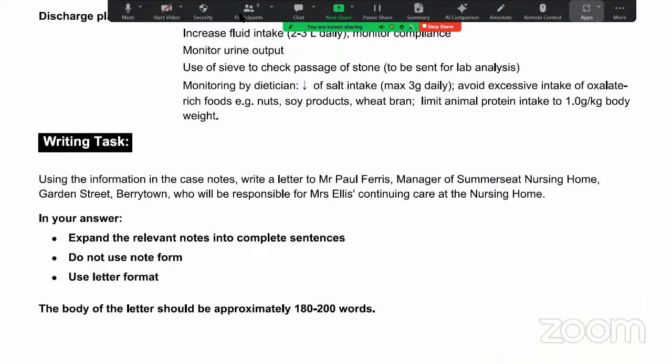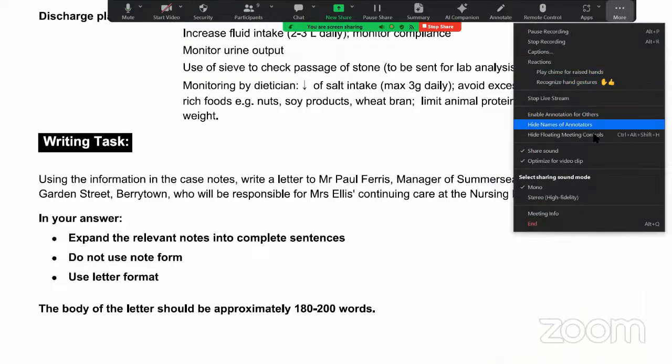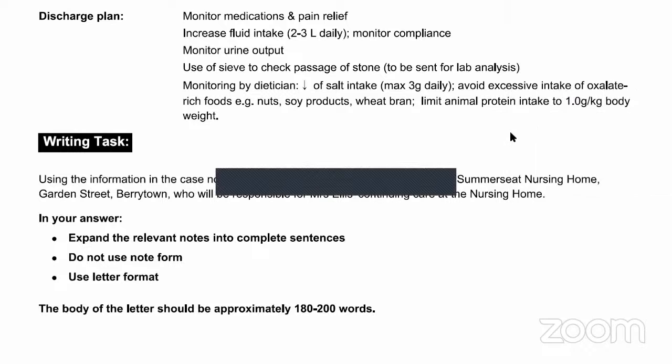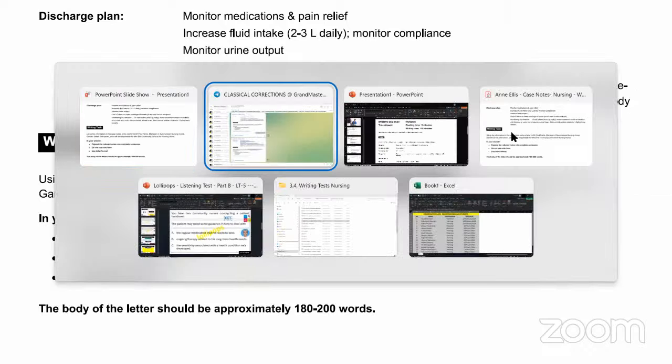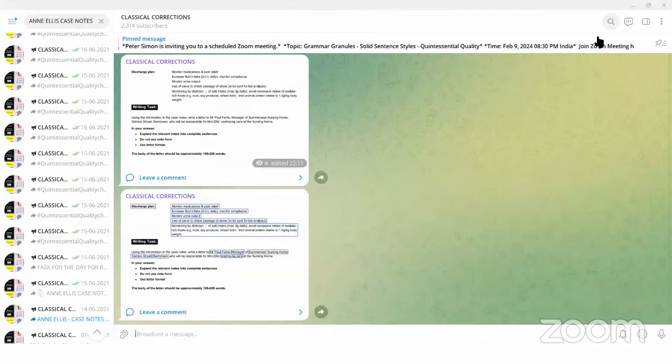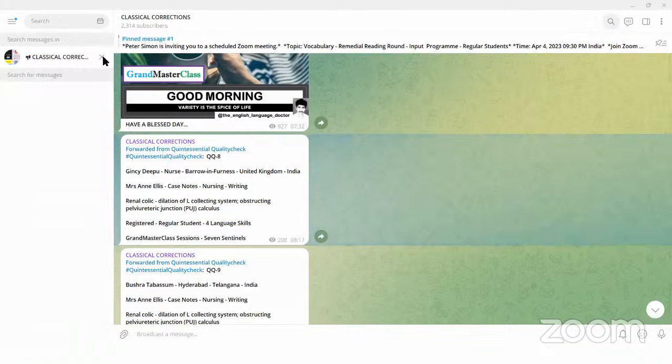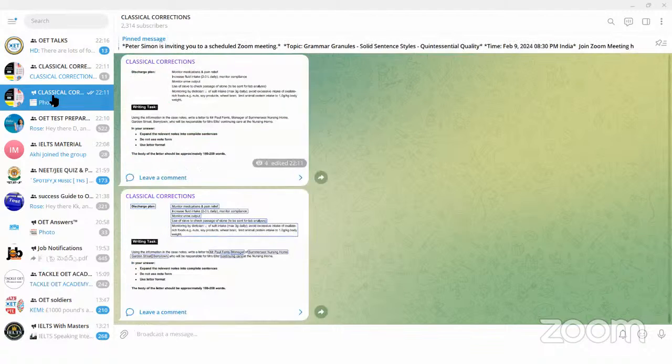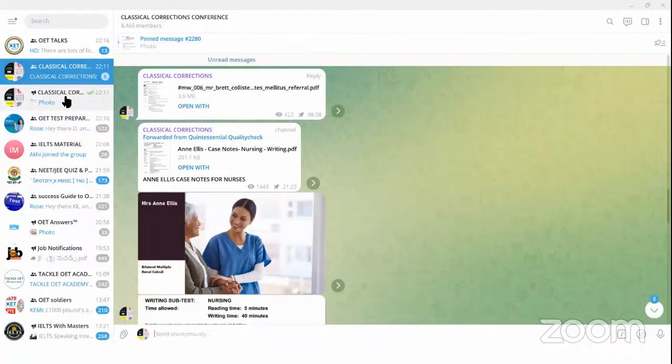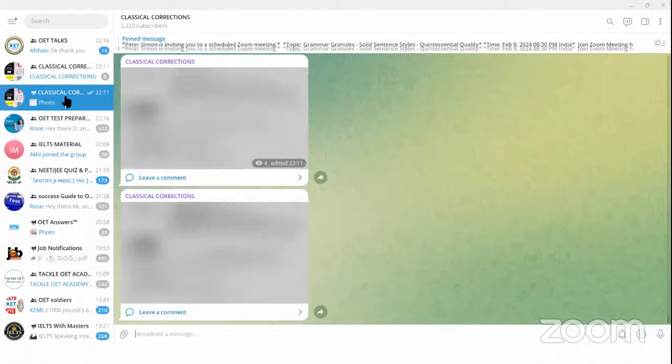Now, let us see how we are going to write these points. So, hide floating. Now, we are going to write a letter. So, what you can do is go to the Telegram channel and search there.